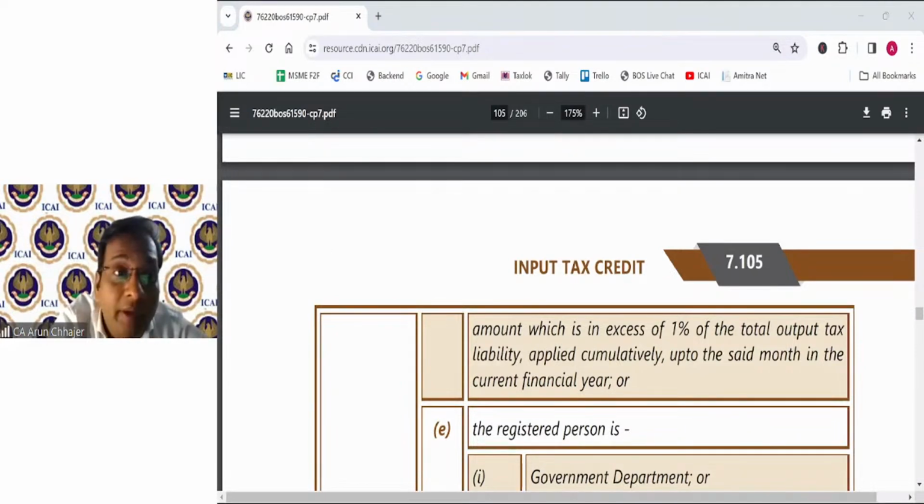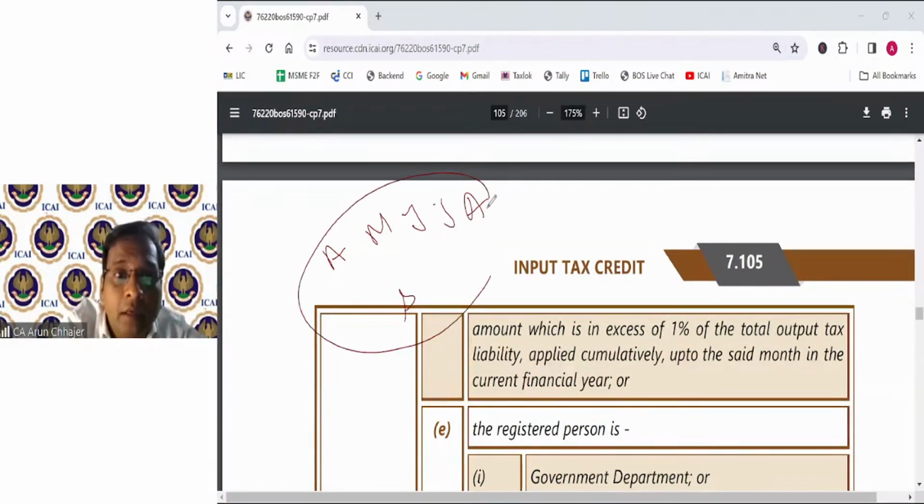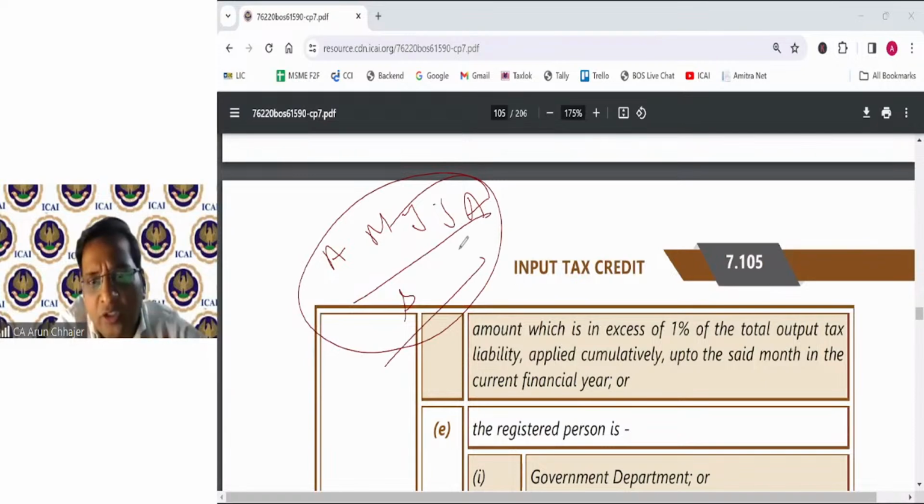In April, May, June, July, August, September, there was lesser ITC. Because of that, I have discharged some portion of the liability in cash. In any of the preceding months, my outward supply is not more than 50 lakh, my ITC is a lesser amount, and as a result I have discharged the liability in cash, not because of 86B, otherwise.